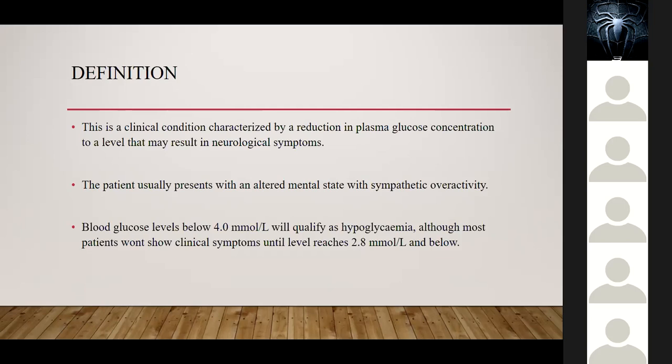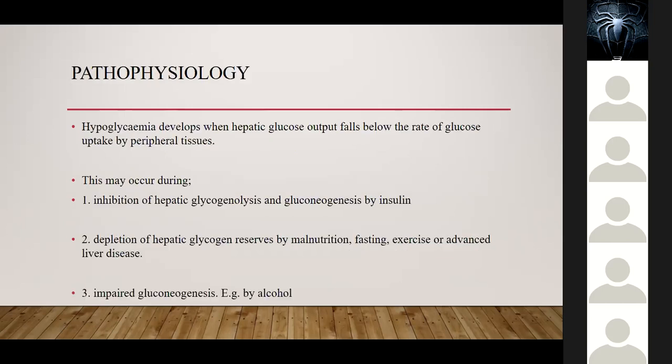So you start seeing features like altered mental state. And in a bid to try and get your body working, there's some sort of sympathetic overactivity, and you tend to see features like your pulse going up, sweating, and all that, which we'll be looking at shortly.